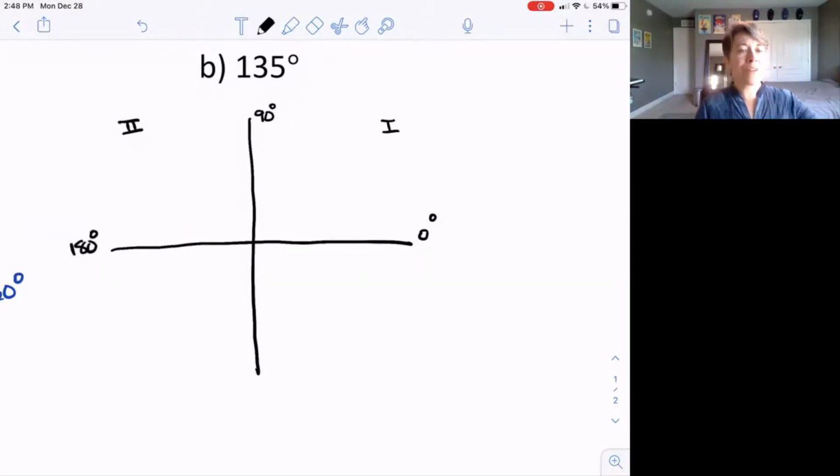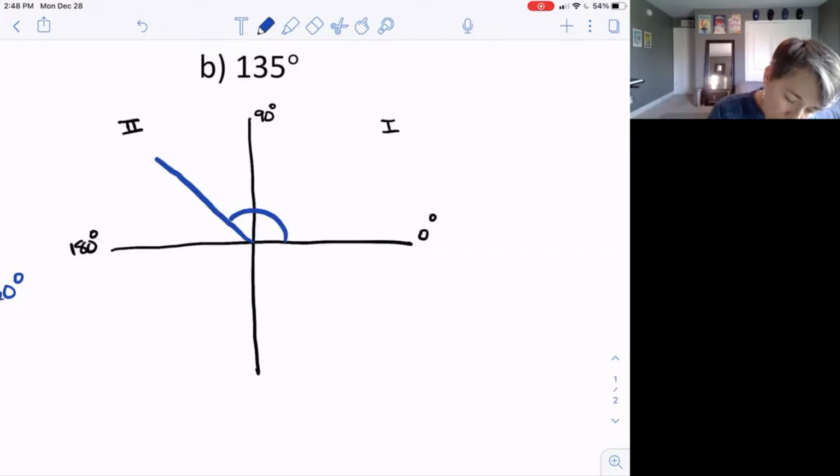Well, 135 is less than 180, so I know I'm just dealing with those two quadrants. And so 135 would be about right here. 135 degrees.